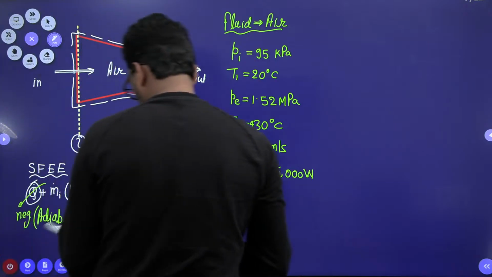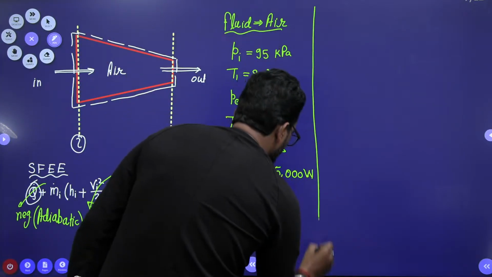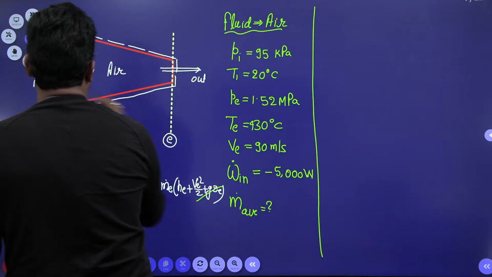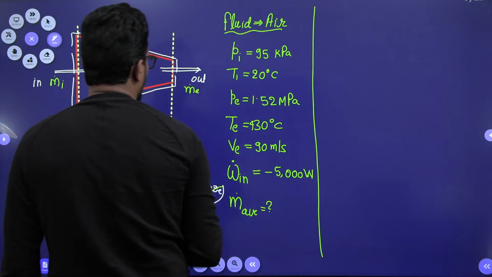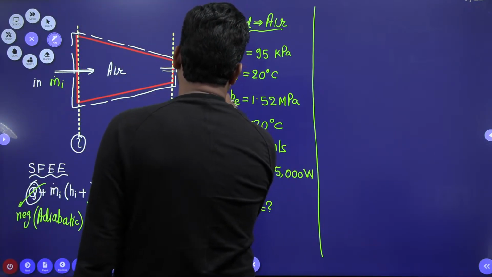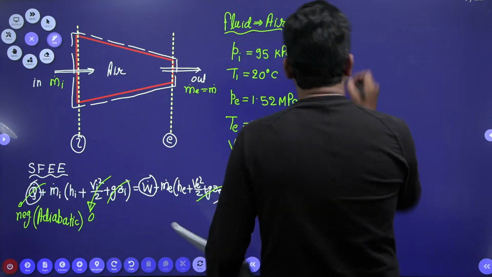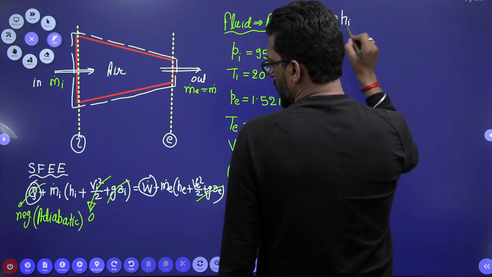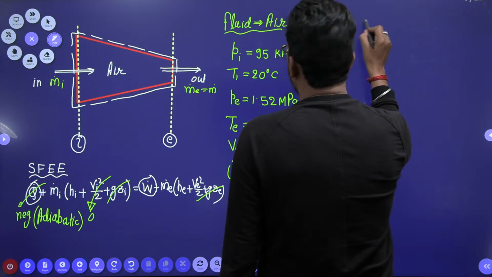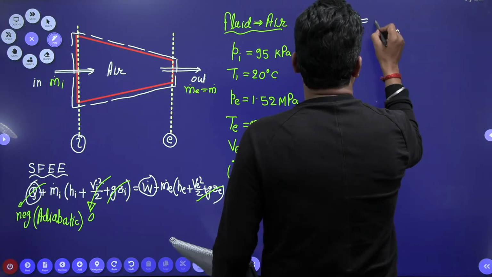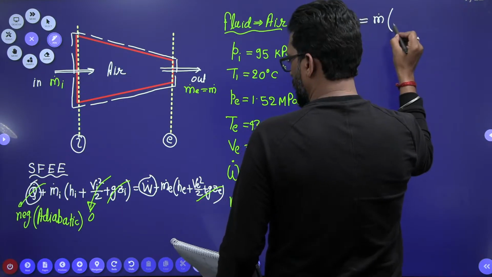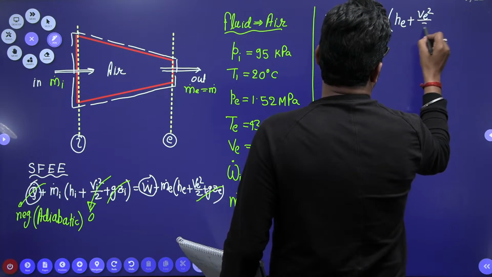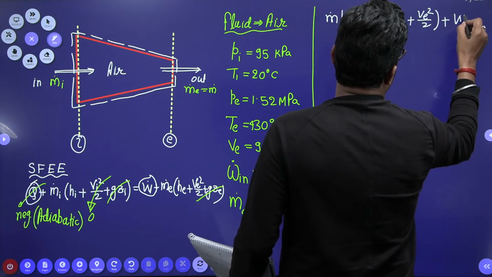Mass inlet is the same as mass exit, which is equal to m dot. You can write like that. So what is the required condition? m dot hi, no problem at all, is equal to m dot times (he plus Ve square by 2) plus W dot.